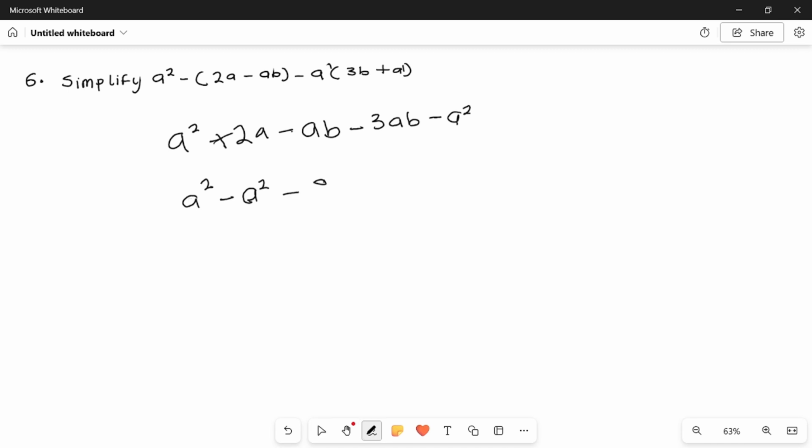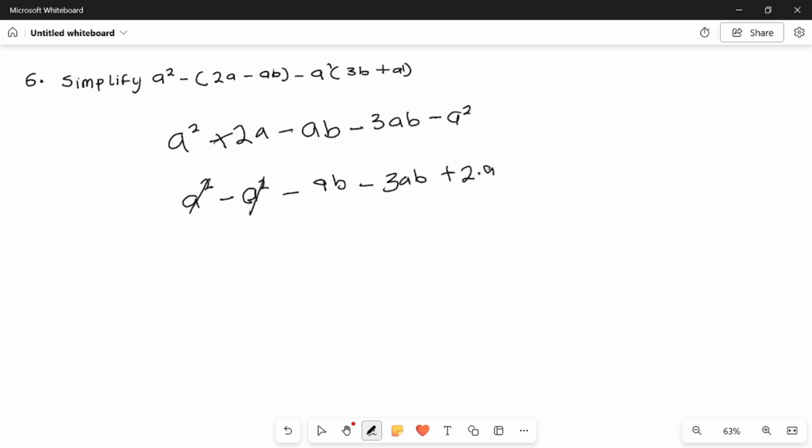Minus ab minus 3ab plus 2a. So we'll have that a square minus a square cancel out.